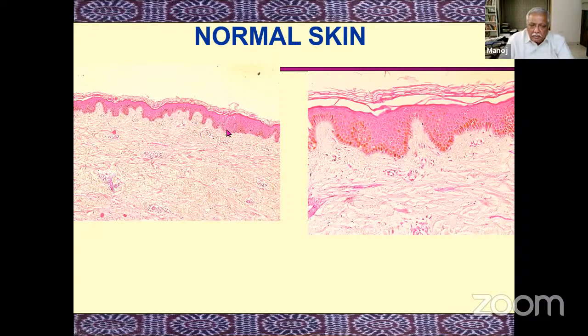The epidermal cells start forming here. They start forming at the basal layer, mature, keep moving up, and eventually they become old and they die. And what is left is the keratin.